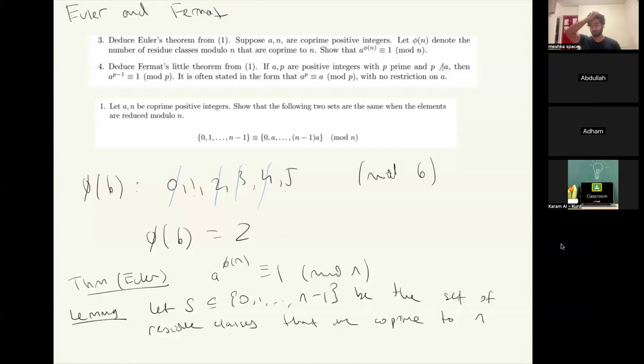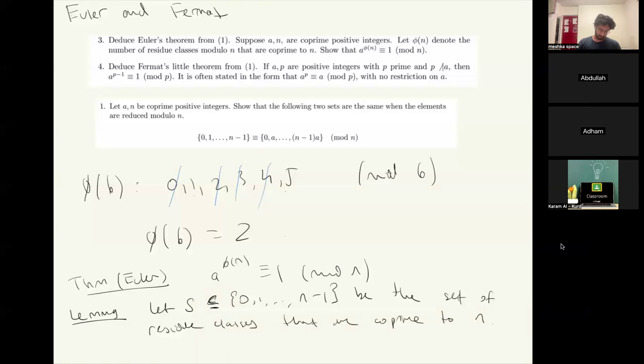This notation means S is a subset. It's not all of them. It's the ones that are relatively prime to n, as you said.